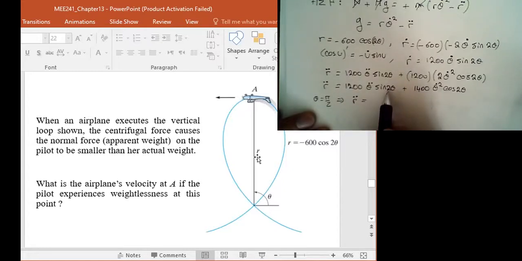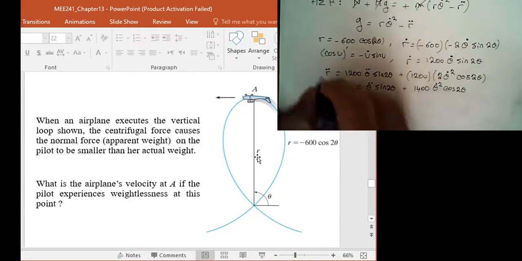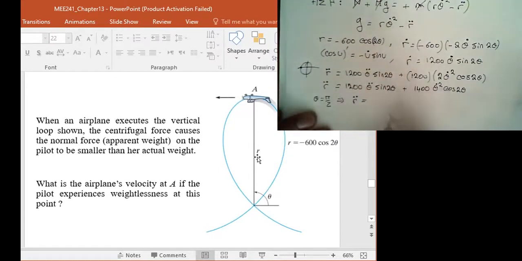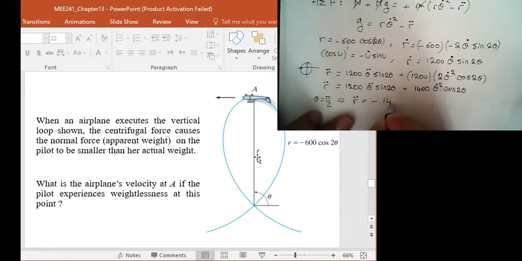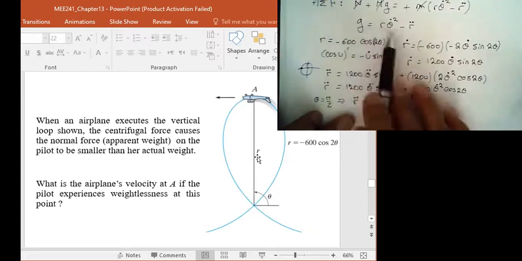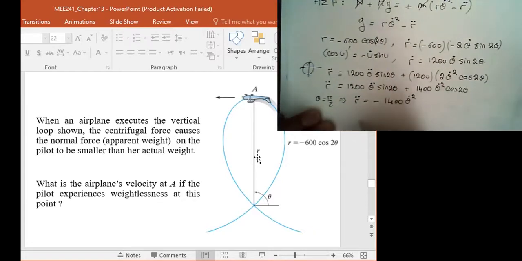This first term is going to be 0, because sine of 2 times pi over 2 is sine of 180, which is 0. And cosine of 2 times 90 is minus 1, so minus 2400 theta prime square. Okay, so this is my r double dot. Well, what I can do now is take this equation that I have here.